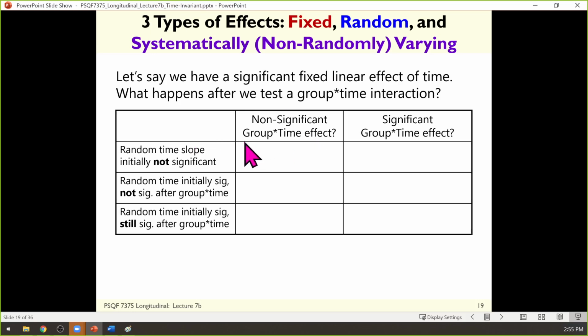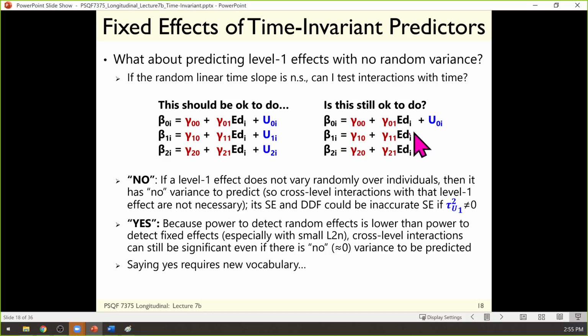So let's say that I have these situations. I'll describe what the language would be to interpret the findings. Let's say that I have a group by time, and I want to test whether or not my intervention group changes differently over time. And I do so in a model in which I do not have a random time slope. So it looks like this, right?